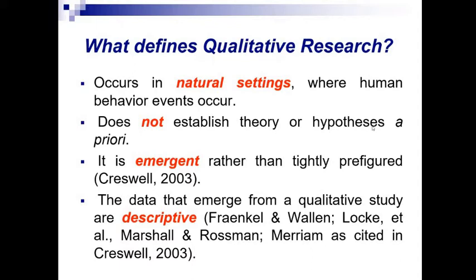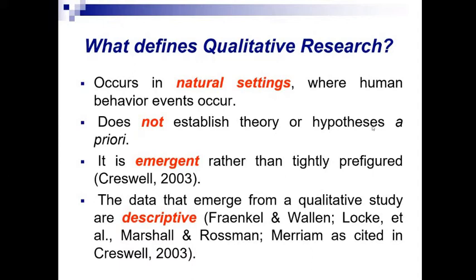So unlike in quantitative research where we draw our hypothesis from the theory, in qualitative research, our goal is for us to come up with a theory, most especially if you are, for example, doing a grounded theory where you actually develop a theory from your data, diba? That is why it's also considered emergent rather than tightly prefigured, no?